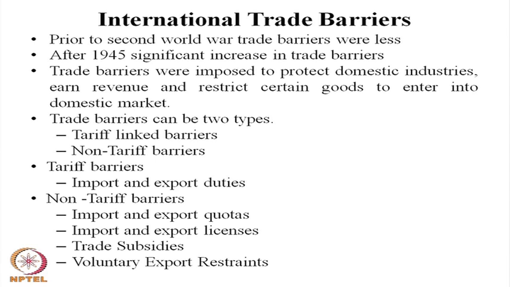When you discuss international trade barriers, you have to understand there are two different kinds of trade barrier. One is linked to tariff, another is called non-tariff barrier. Tariff barriers may be in the form of custom duty on import and export.